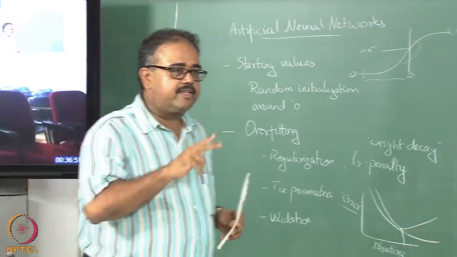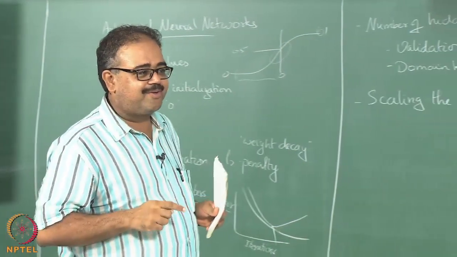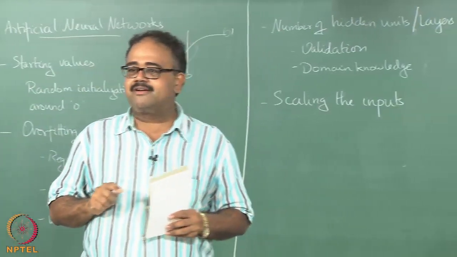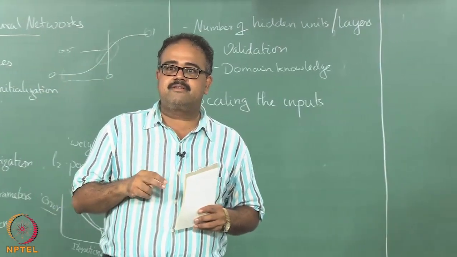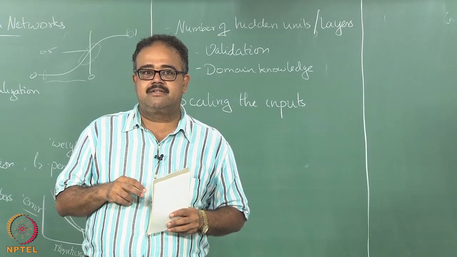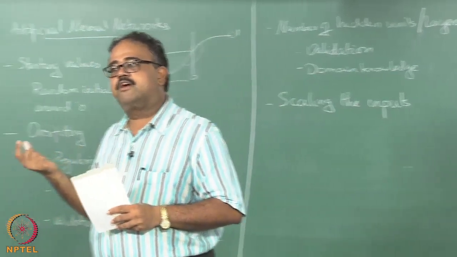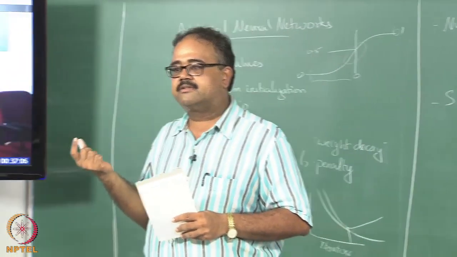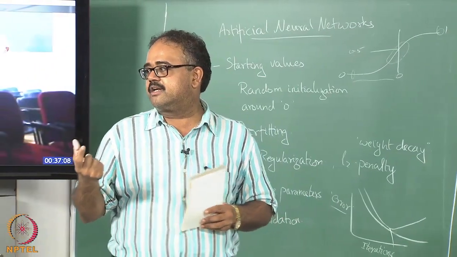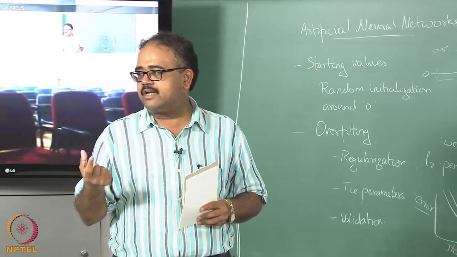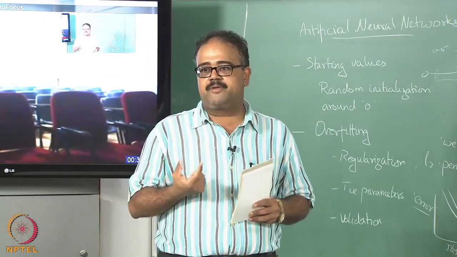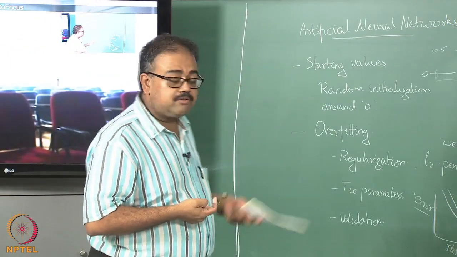The reason is twofold with SVMs; with neural networks it is one thing, you forgot to scale the input. With SVMs, what happens? You have those kernel functions we talked about, and you forgot to tune the parameters of the kernel function. You just took the kernel function as it is and you are trying to use it, so the performance will be bad. So you have to tune the parameters of the kernel function and you have to scale the inputs.